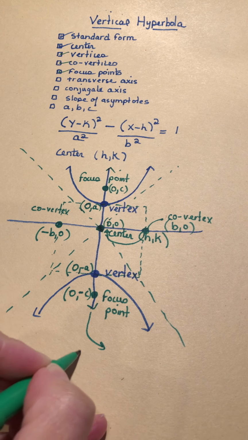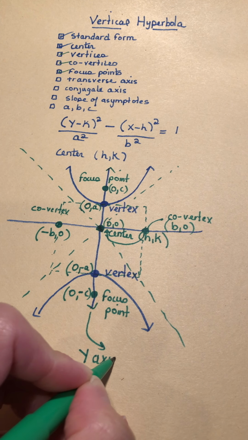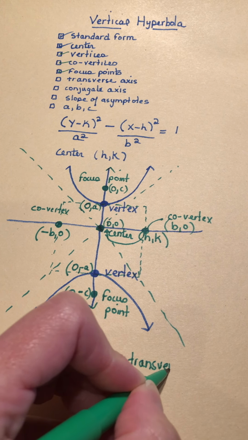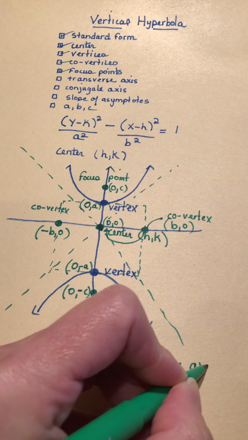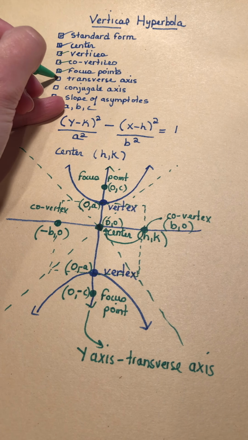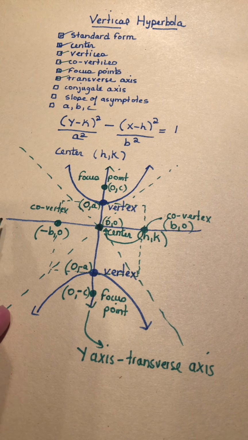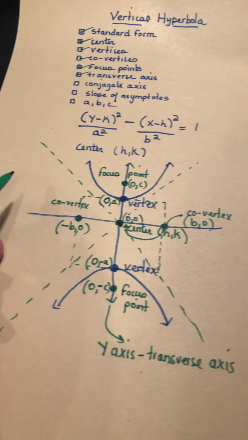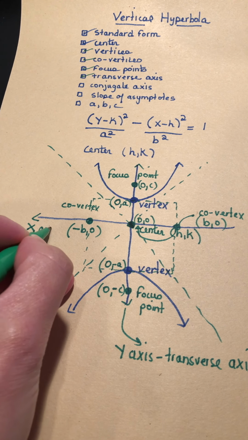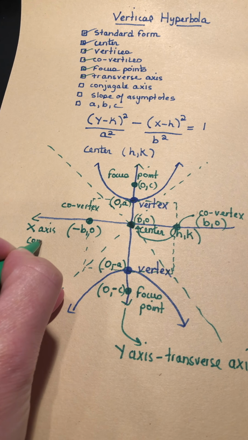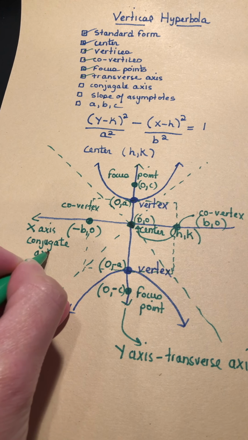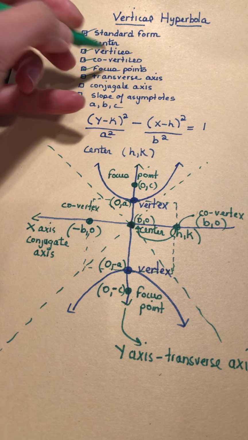So the y-axis is my transverse axis, okay? And that would mean that the other one is my conjugate axis. So if I look at the x-axis here, the x-axis is my conjugate axis. And this is just terminology to help you draw, okay?